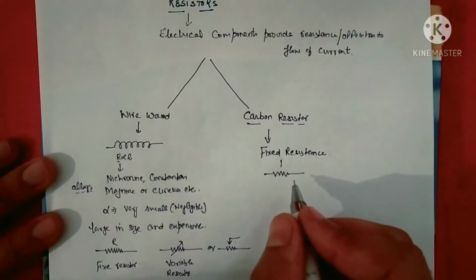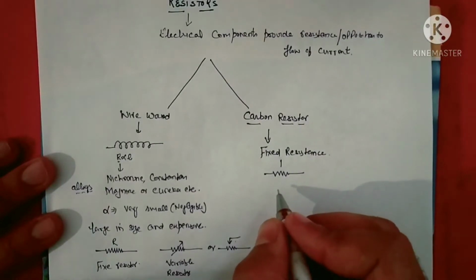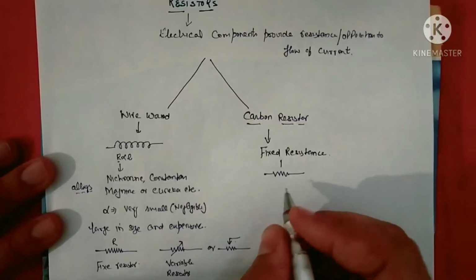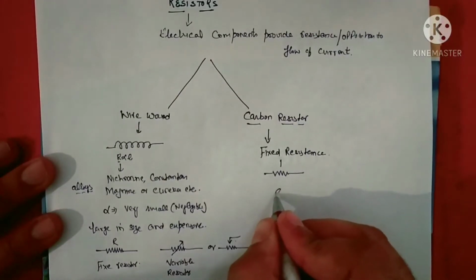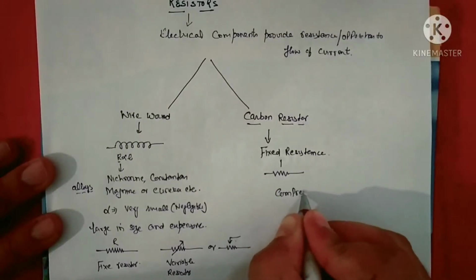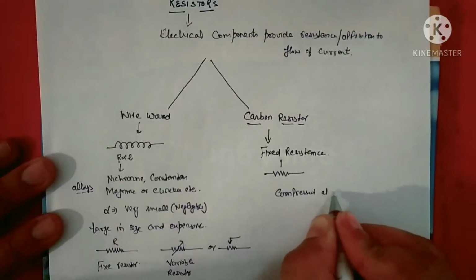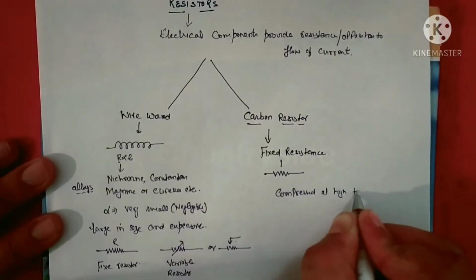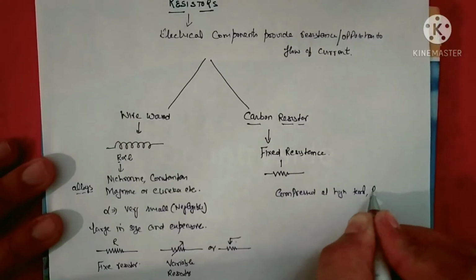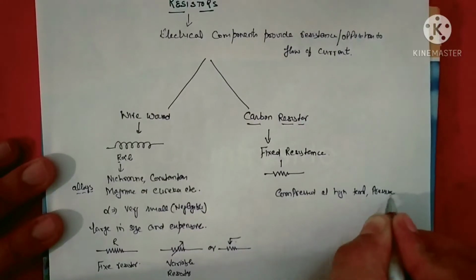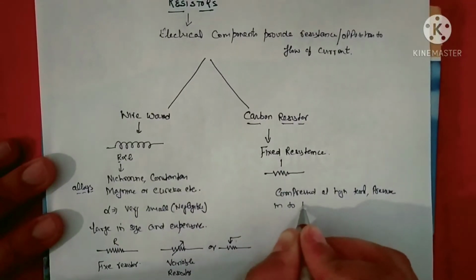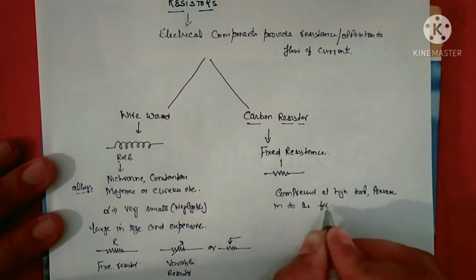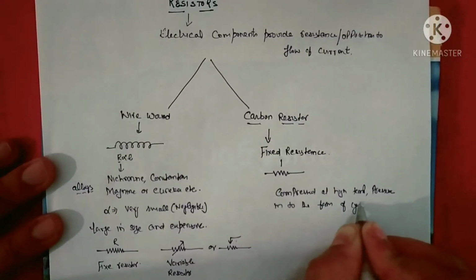In this carbon resistor, we take carbon that is compressed at high temperature and pressure in the form of a cylinder.